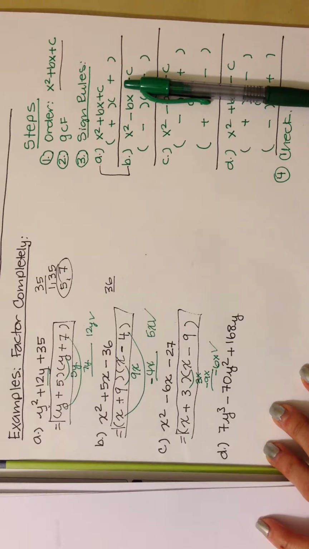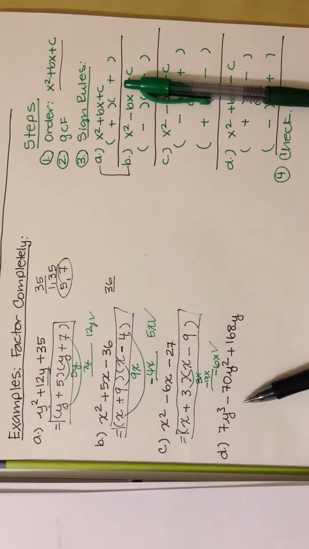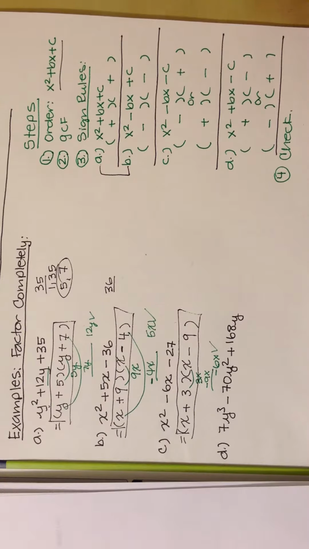Okay, finally, last example. We have example D, and if I check the order, I see that the order is correct. Largest exponent to smallest, so 3, 2, 1. There is a greatest common factor in this case, and so we need to carefully look at this.